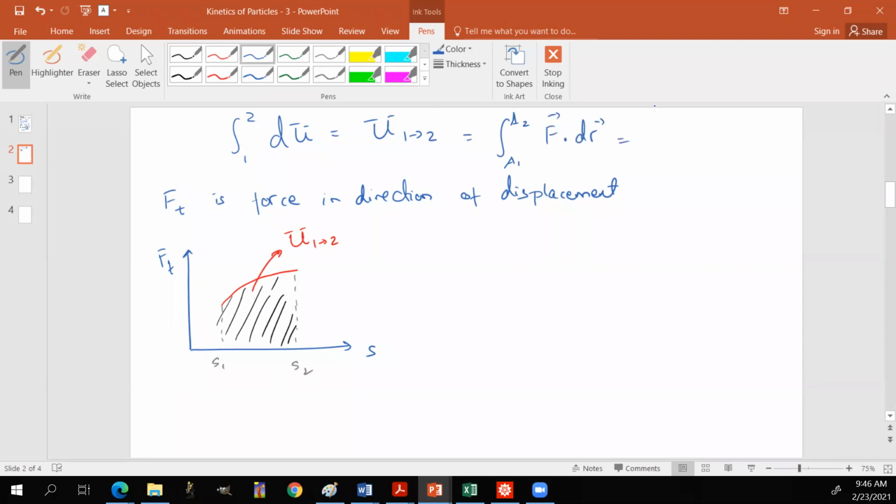Or as we saw over here, if it's a tangential force, or you find the tangential component, you have Ft times ds, like that, and you only have a complete scalar quantity, right? This is tangential, like that.